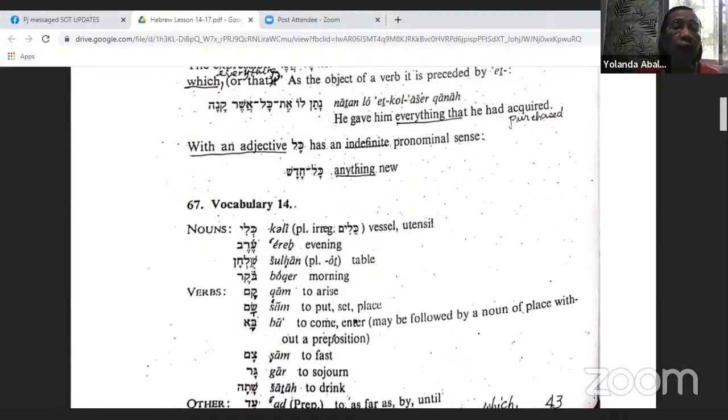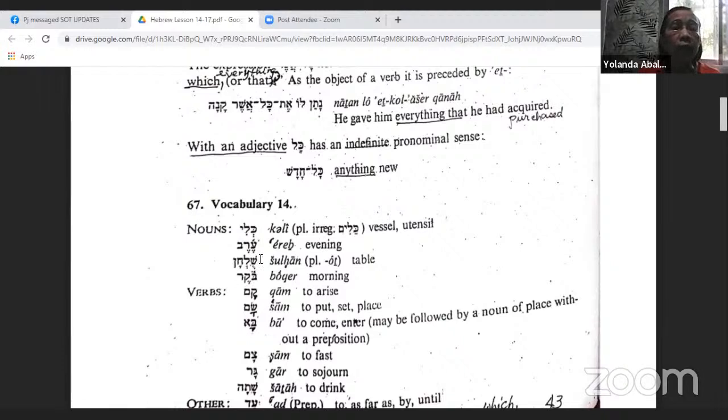Then we have the word erev. That is ayin, tsere, resh, tsere, vet. Erev means evening.